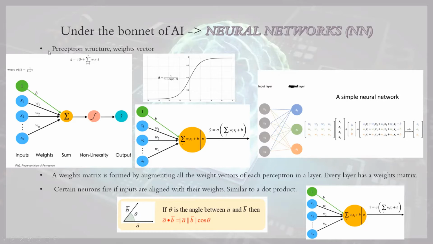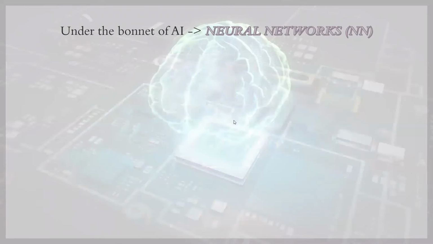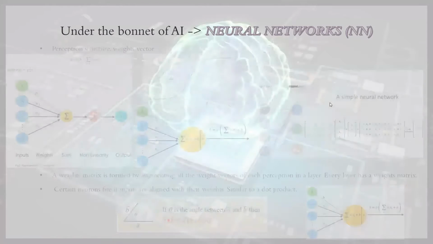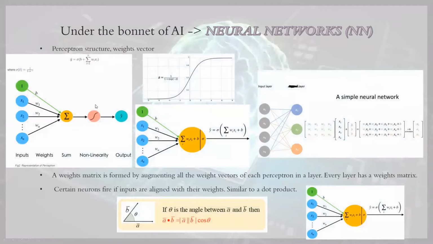Okay, so here is the perceptron structure. Previously we saw these neurons, right? We can go deeper into this to find out what a neuron, or a perceptron, actually is. If you see this diagram, it is a representation of a perceptron. What it does is very simple.